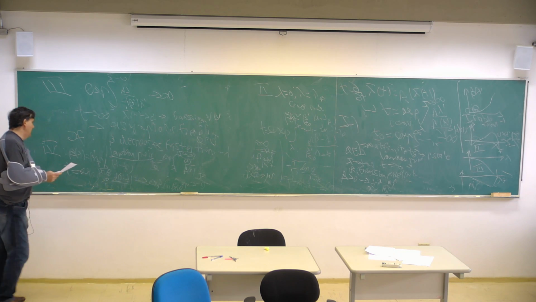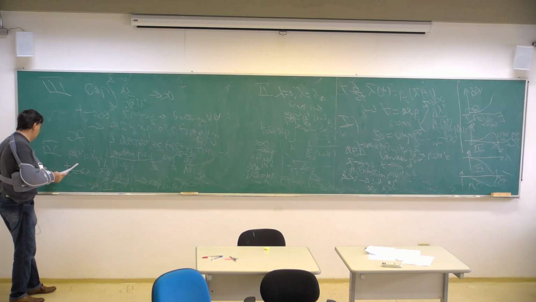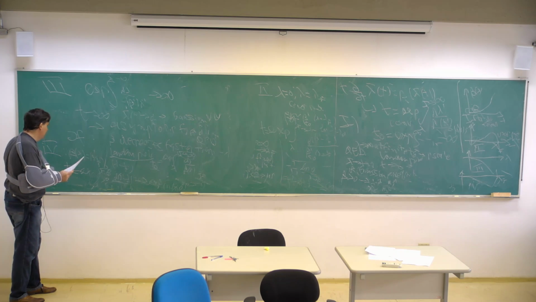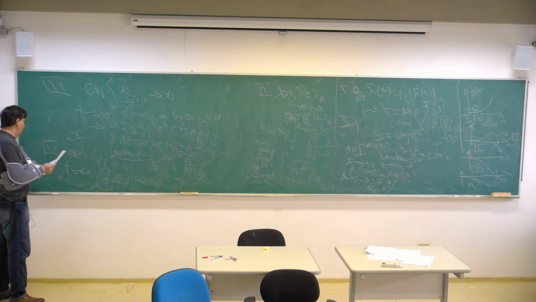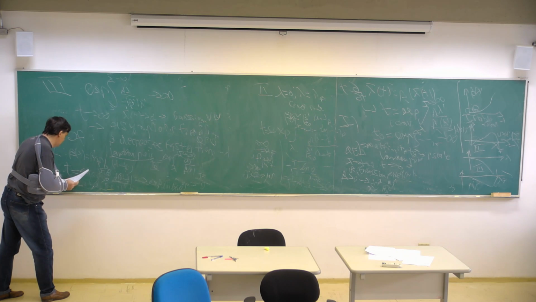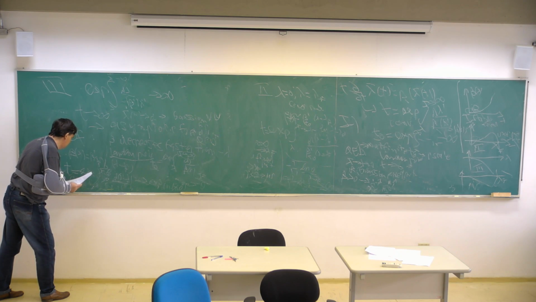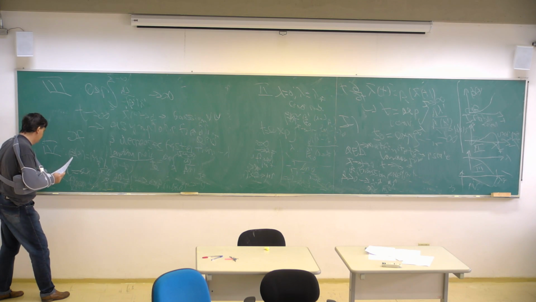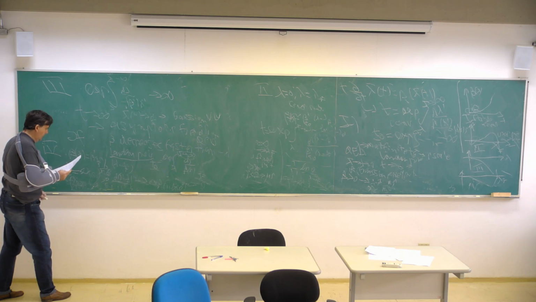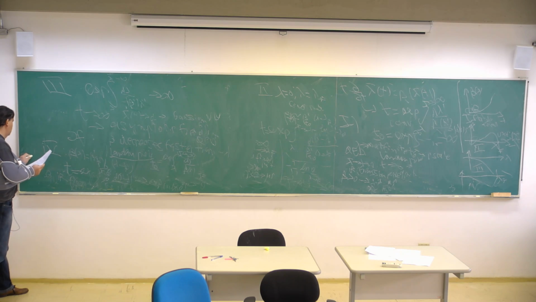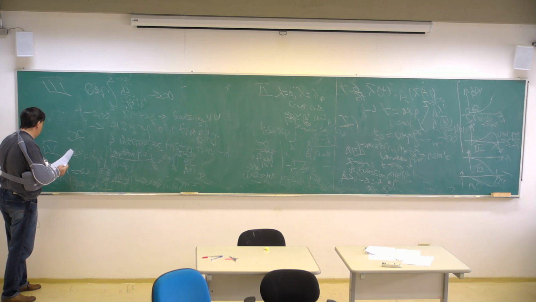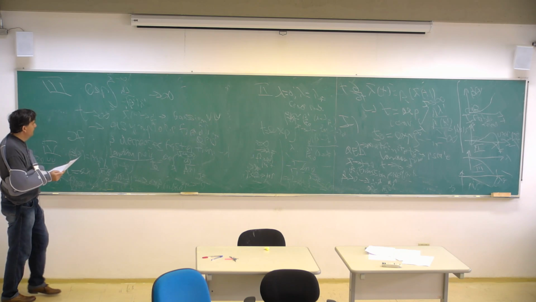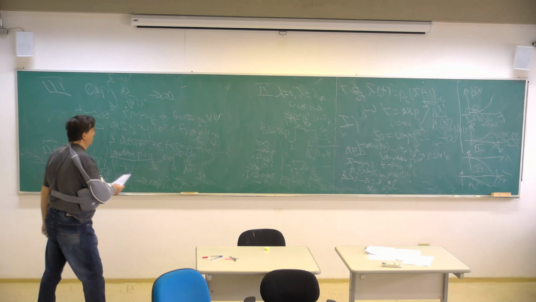So this means now that this is in the IR. So this is an IR fixed point, and it's also stable. And then lambda bar going to 0 is in the UV, as in the previous case.